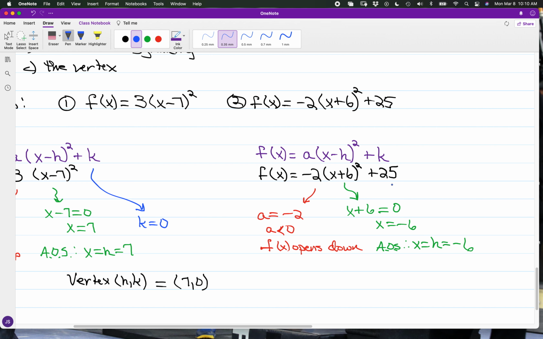Now we have a k value. Since we have something added, k is equal to 25. And so for the vertex h, k, that is going to be located at -6, 25.